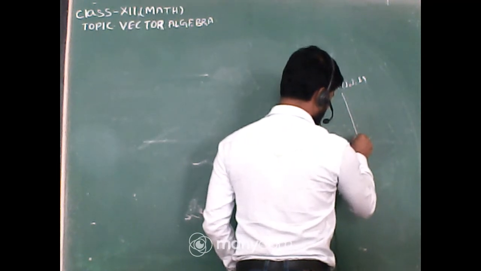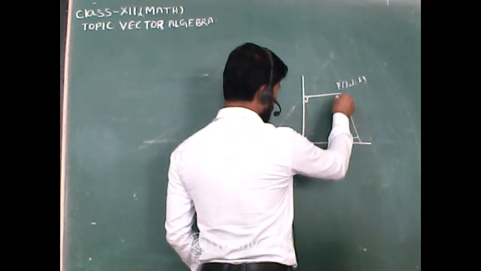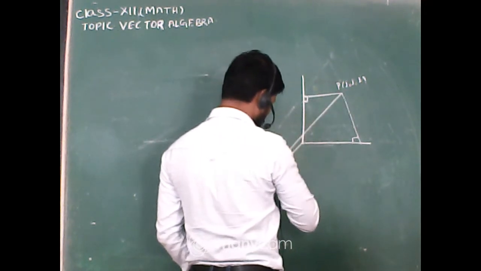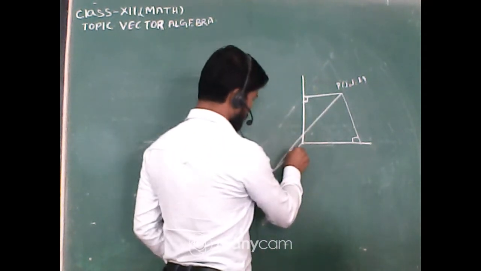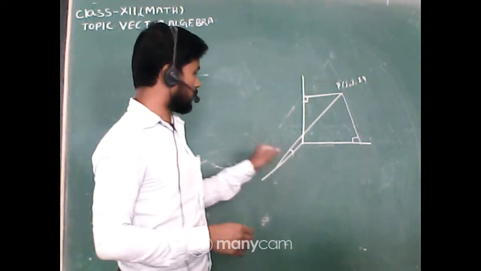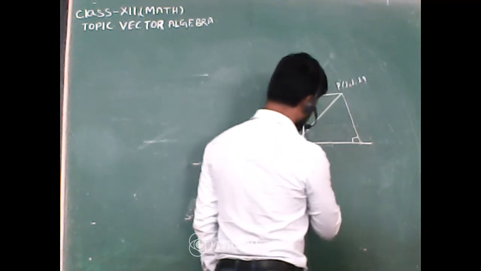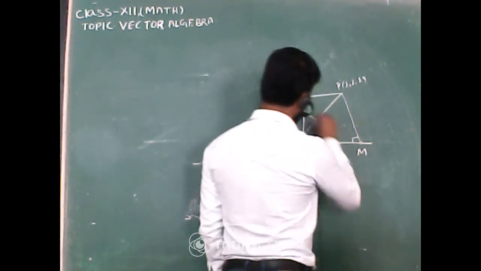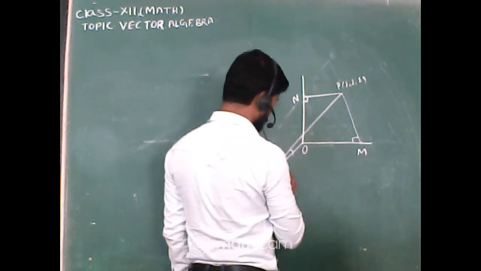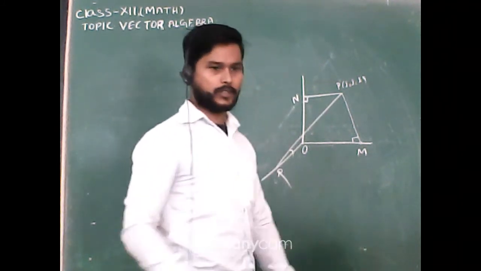This angle is 90 degrees, this angle is 90 degrees, and this angle is 90 degrees. It's not looking like 90 degrees, but it is. Suppose this is M, this is N, and this point is R.